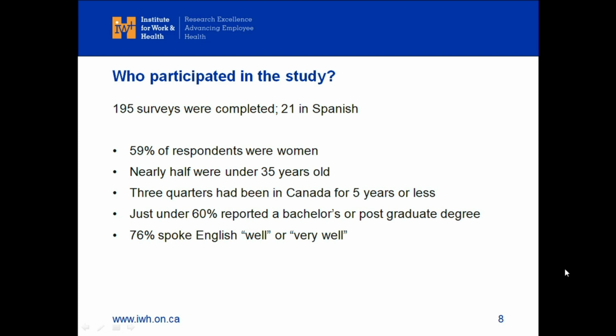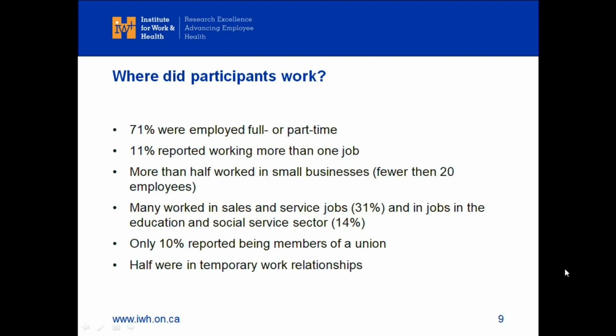And just under 60% reported a bachelor's or a postgraduate degree, which I think probably speaks to a little bit about what Yogendra was describing earlier. This was a fairly highly educated and highly qualified group of individuals we spoke with. The vast majority described their spoken English as that they spoke English well or very well.